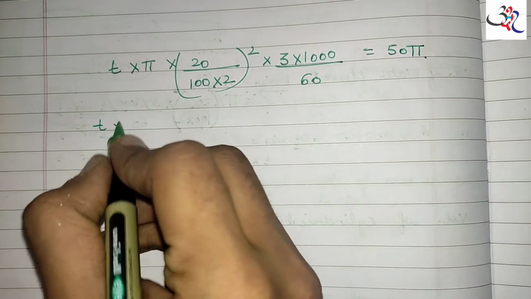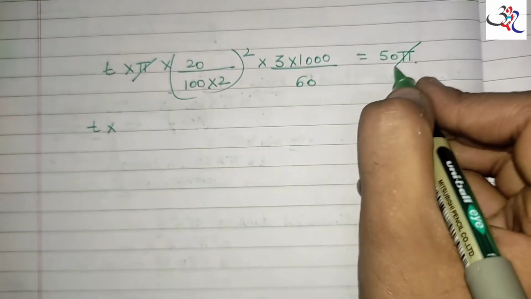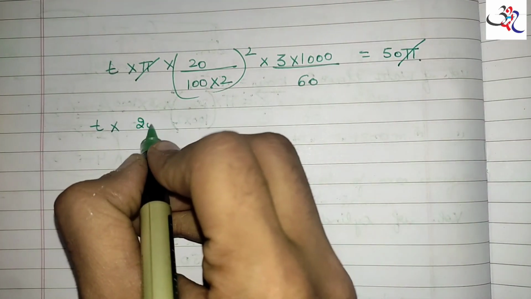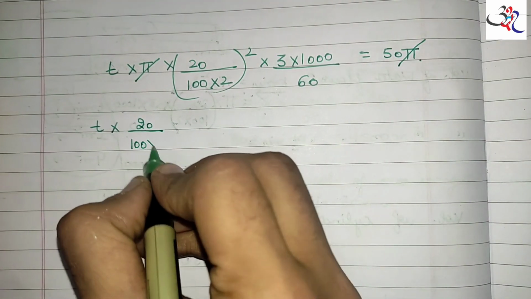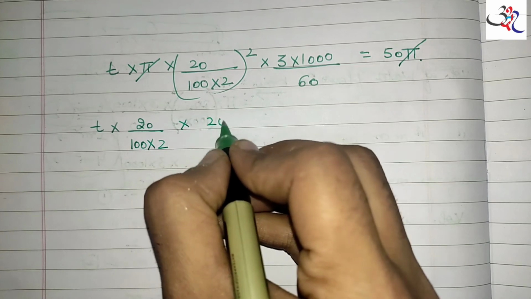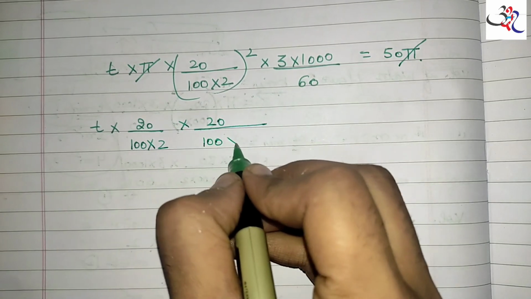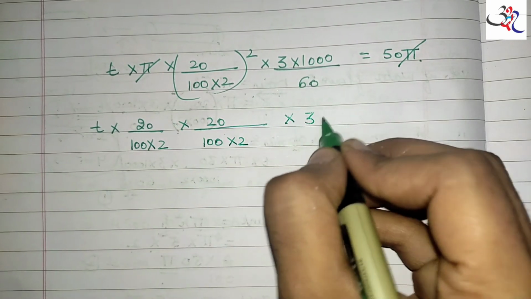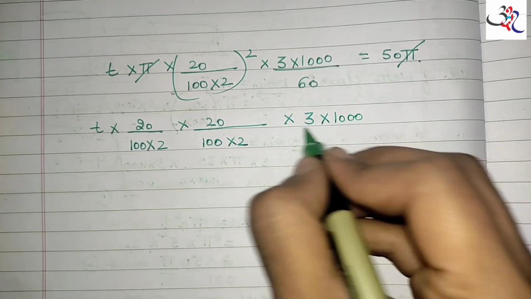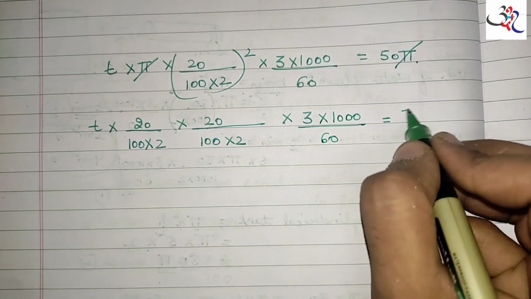Now solve; whatever is getting cancelled out, let's cancel it and then expand the remaining part. 20 by 100 into 2 into 20 by 100 into 2 into 3 into 1000 divided by 60 is equal to 50.